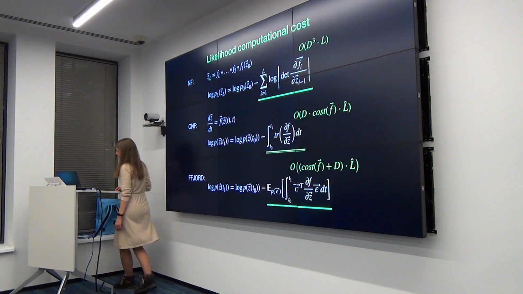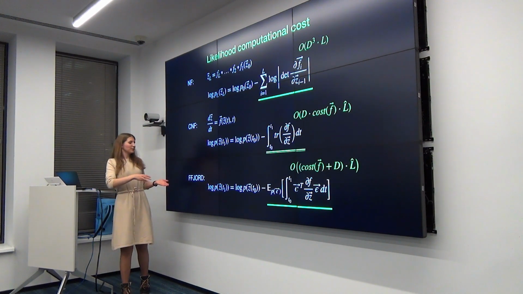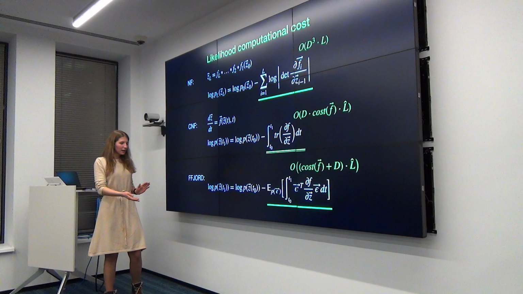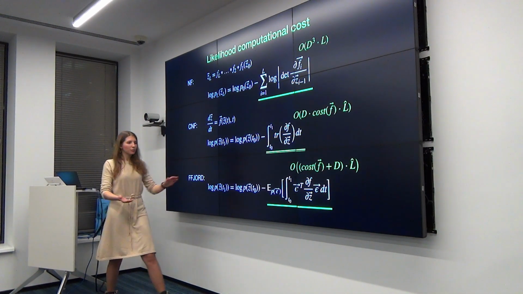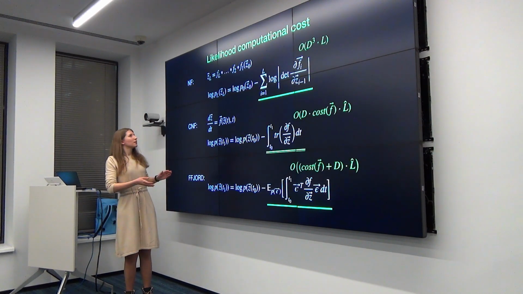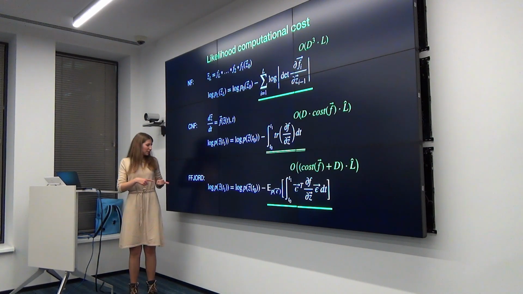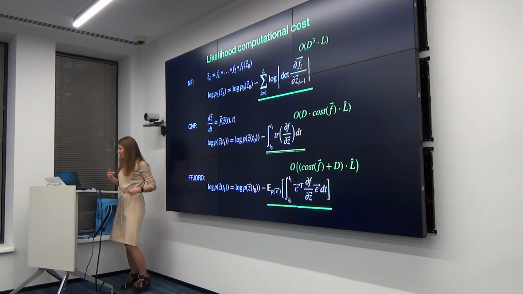So we see that in theory FFJORD is the fastest approach, and it does not require any restrictions on the Jacobian of this matrix, in contrast to normalizing flows, and that's why they named it free-form Jacobian of reversible dynamics.